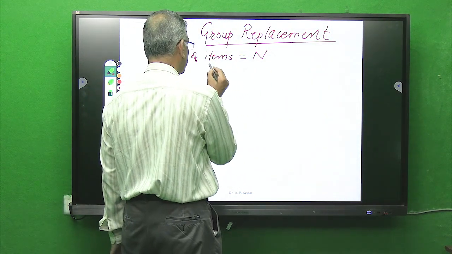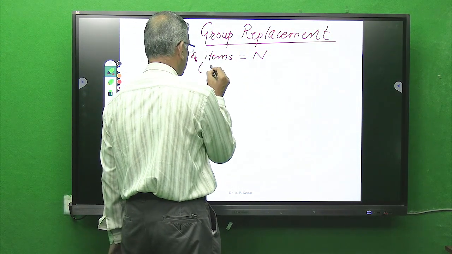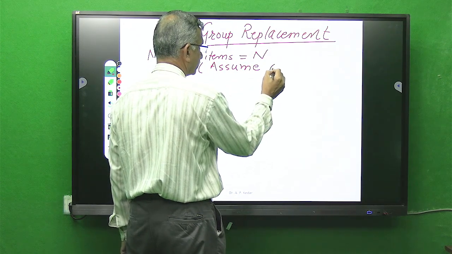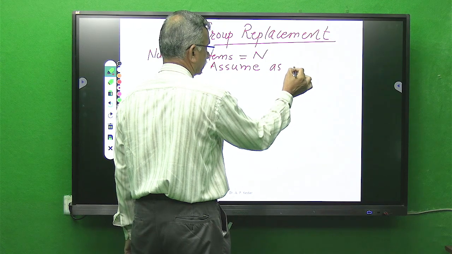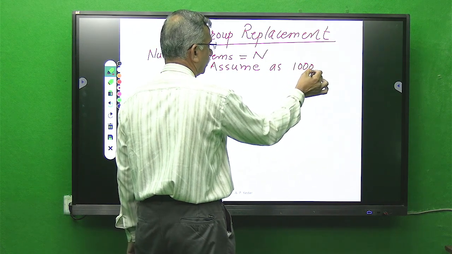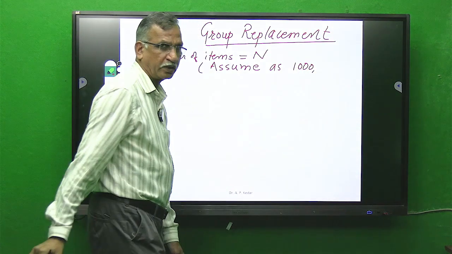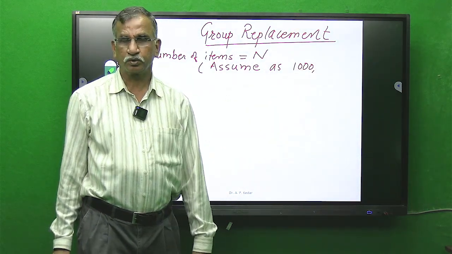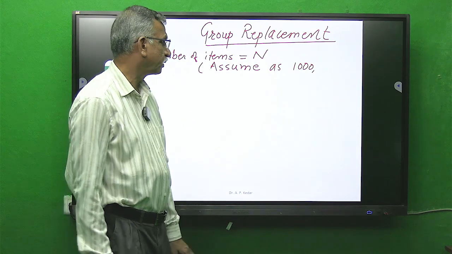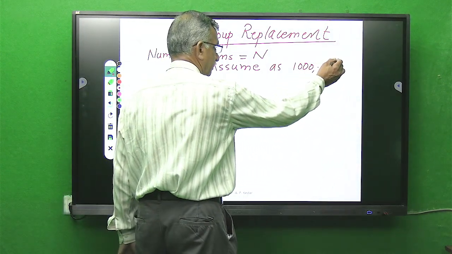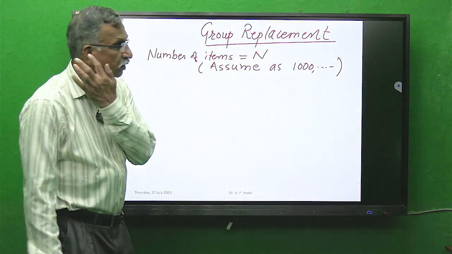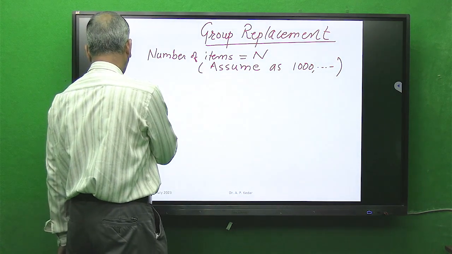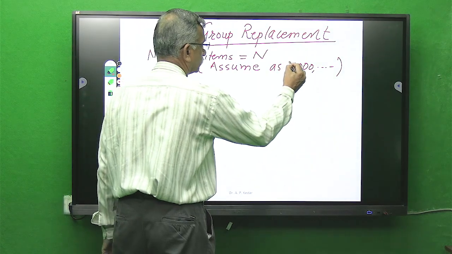The choice is up to you, you can assume the value of n as 1000 or 500 or 2000, like that. But it is better if you assume the value 1000, it helps in calculation. So I am leaving it up to you what to assume. Preferably, I have said assume 1000.